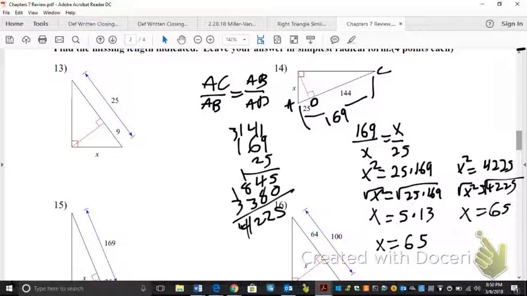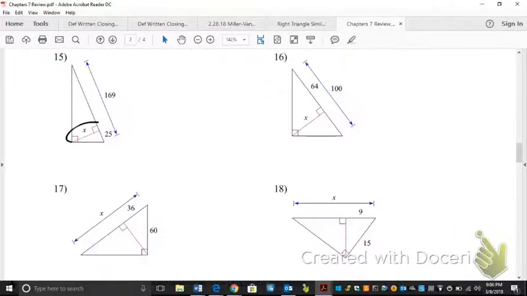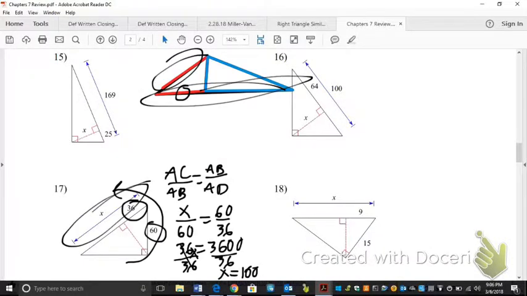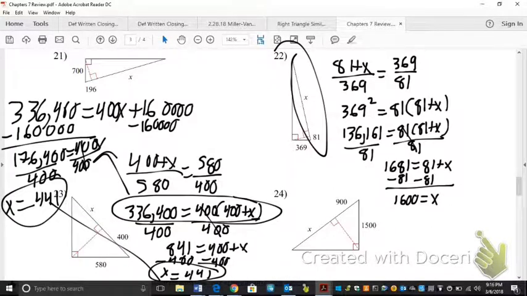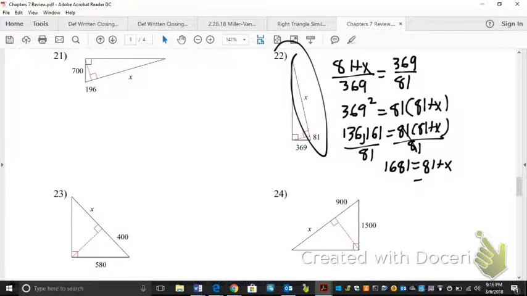Then the only difference between 14 and 21 and 22 and 23 is that we just use bigger numbers, okay? The process is still the same. That's what's great about math. Even though we're getting more complex, we're using the exact same process.